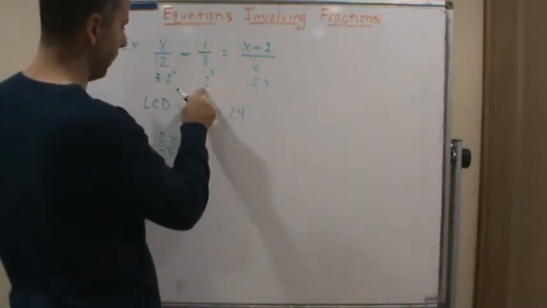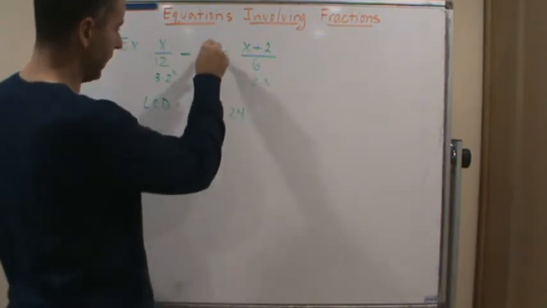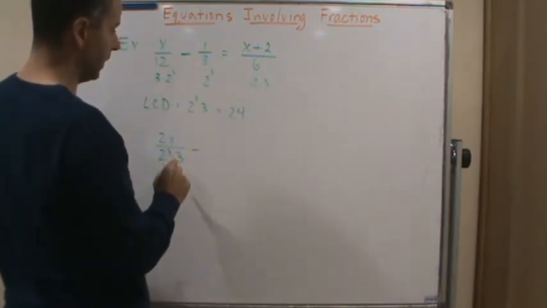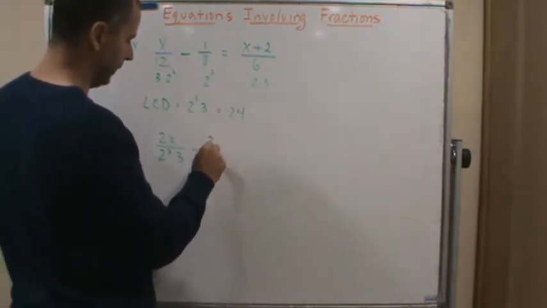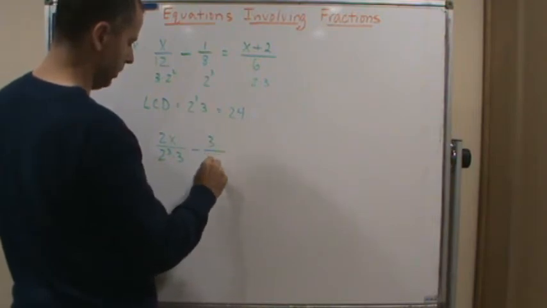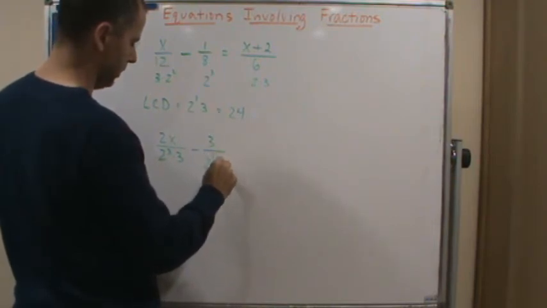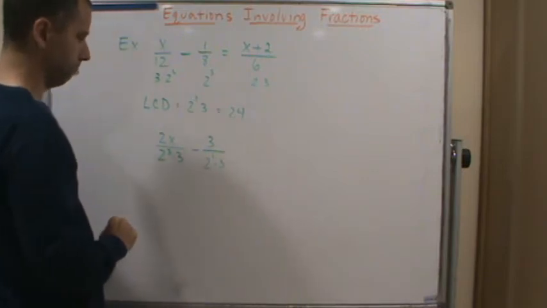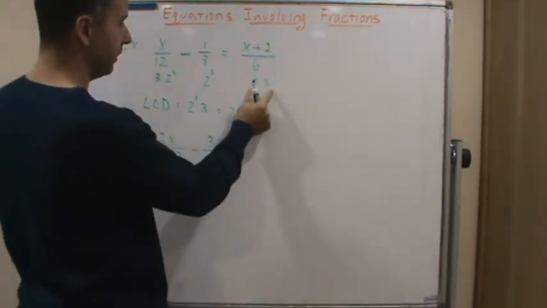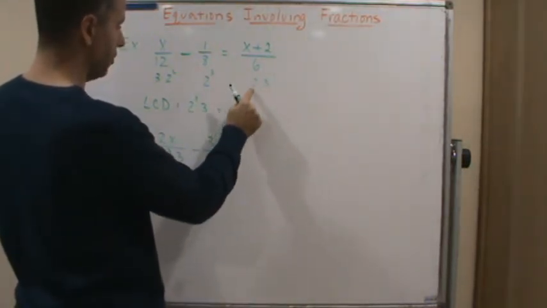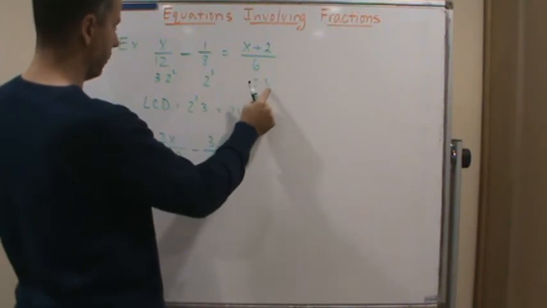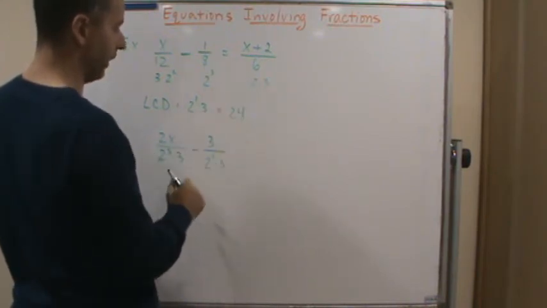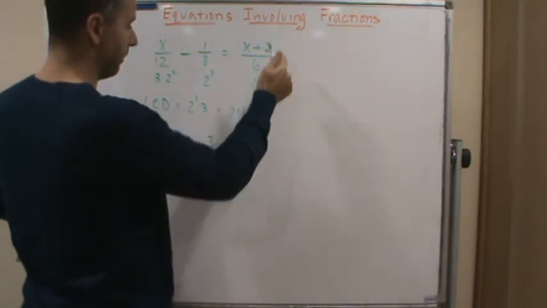So I get 2x over this, minus, now what am I missing here? I'm missing a 3. So I'm going to multiply the top and the bottom by 3. So I get 3 over 2 cubed times 3. And here I've got the 2 and I've got the 3, but I'm missing 2 squared. So I'm going to multiply the top and the bottom by 2 squared.